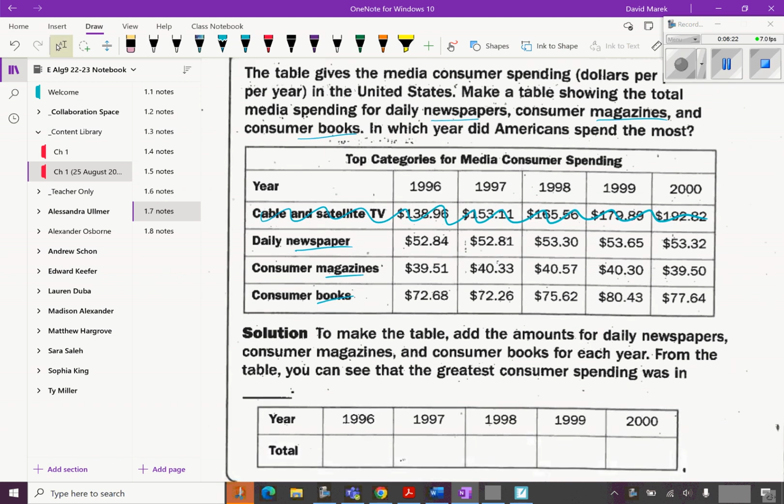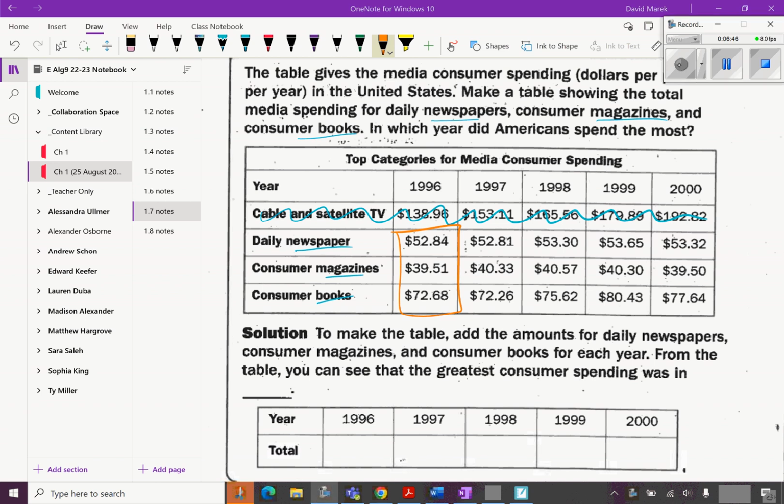So to make this table, we're going to add those three amounts together and create a new table. Because again, we're trying to answer the question, in what year did Americans spend the most? So now it's going to be a matter of, we'll take those values and add them.